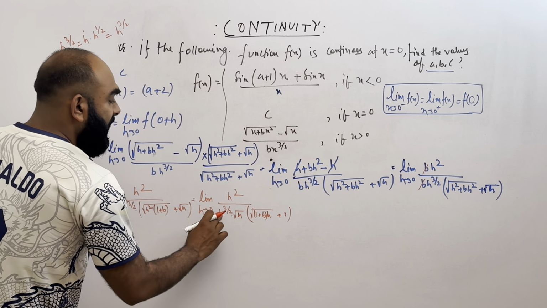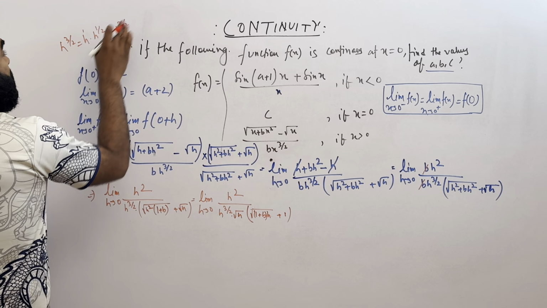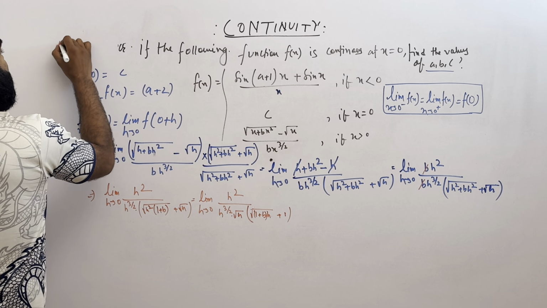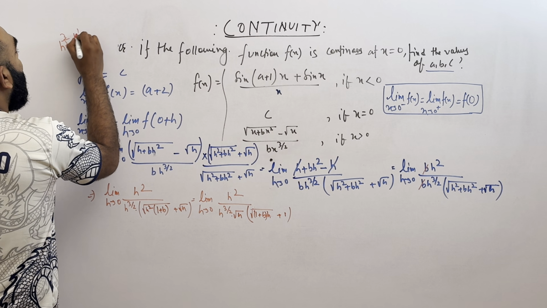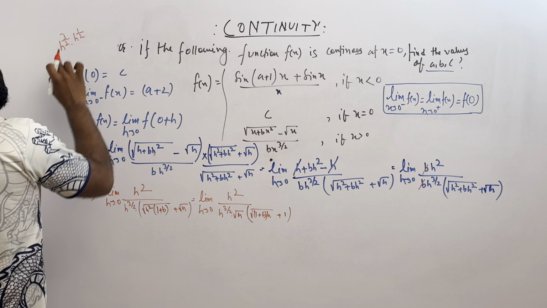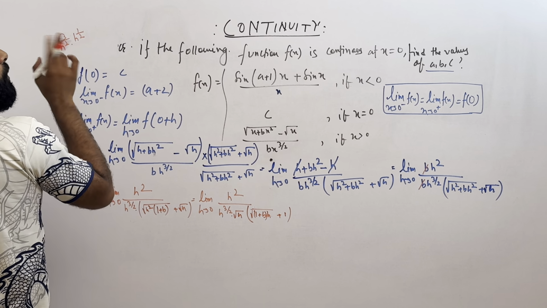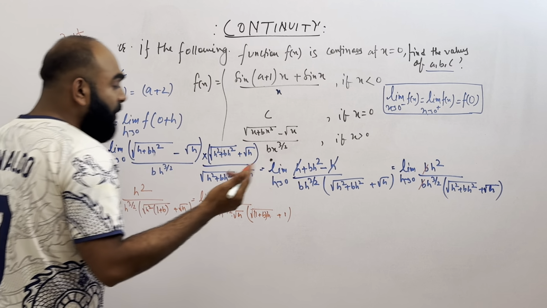Now you can see h to the power 3 by 2 into root h. Root h means h to the power 1 by 2. When the base is the same, powers add up: 3 by 2 plus 1 by 2 is 4 by 2, which is 2 only.